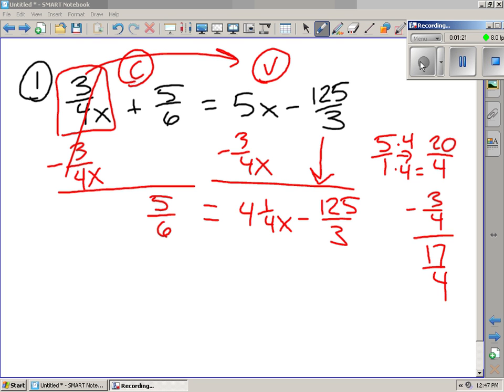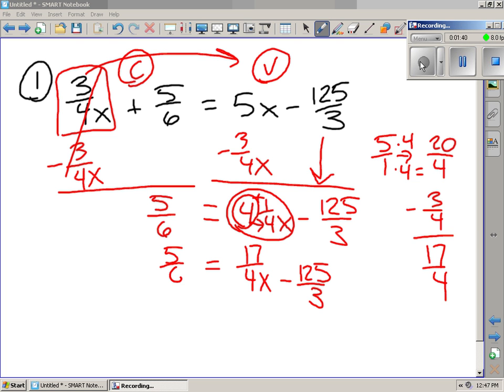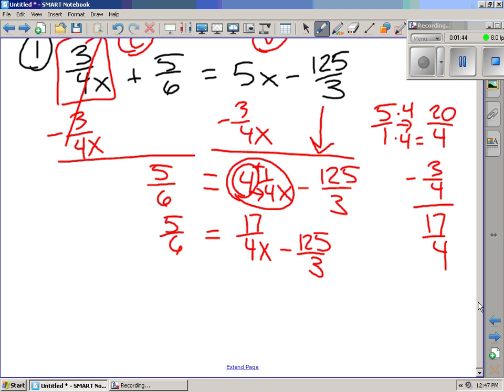That's the same thing as this value over here. If you take 4 and multiply it by 4, you get 16. Then you add 1, and you'll get the same thing, 17/4 x. I like to keep my fractions as improper fractions and not mixed numbers. It just makes it easier to solve.